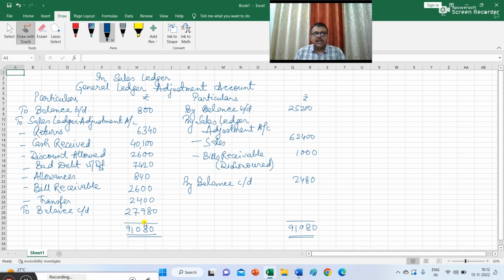And on the credit side, I have written by balance BD 25,200. Then under sales ledger adjustment account, the first item is the credit sales 62,400. Then bills receivable dishonored 1,000, and the closing balance of debtor is 2,480, and the total of the debit and credit side is 91,080.